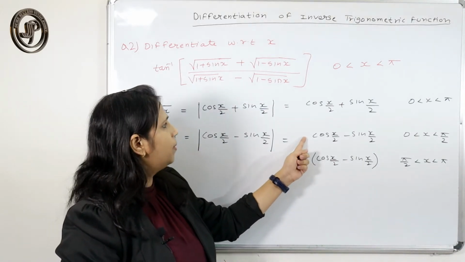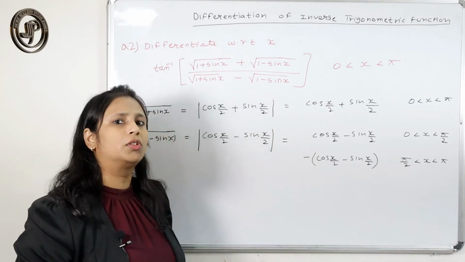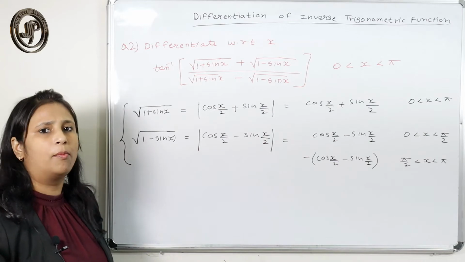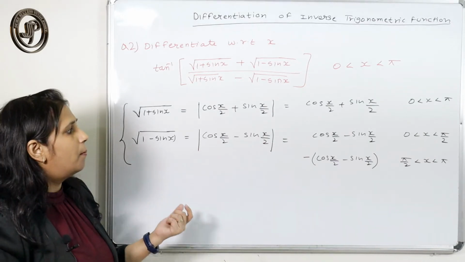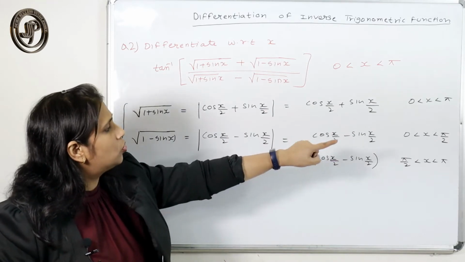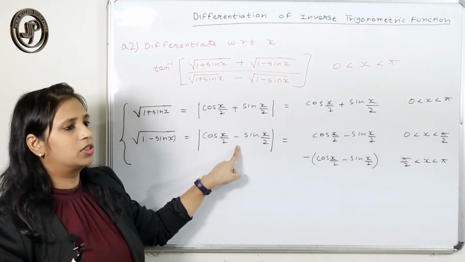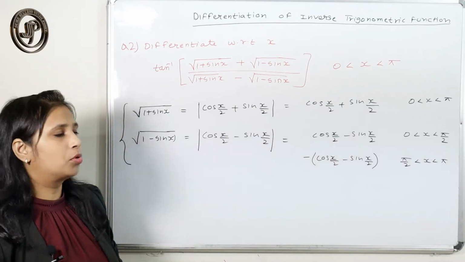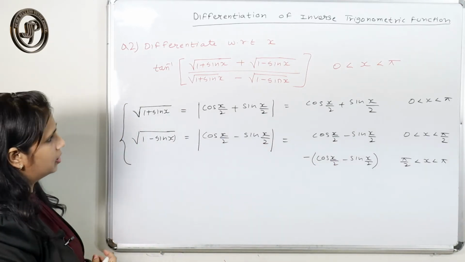That will be positive, and this is also positive in 0 to pi by 2, so the mod does not come into the picture. But if the range is 0 to pi, then in 0 to pi by 2 this thing is positive, and in pi by 2 to pi this thing is negative. So you just have to consider it this way.